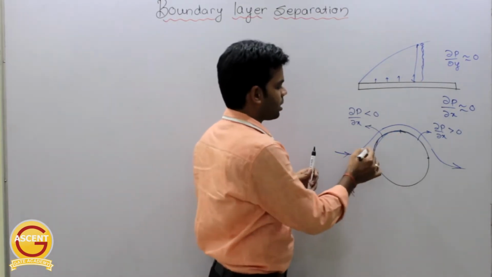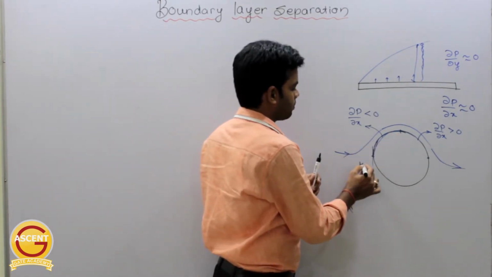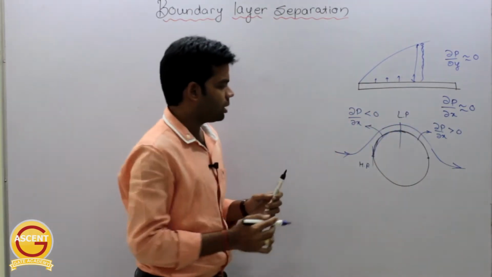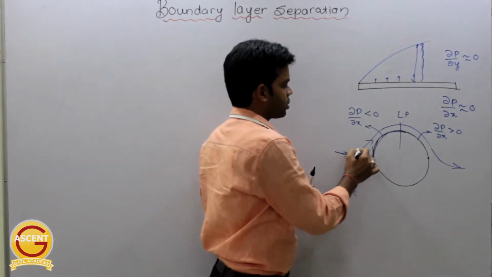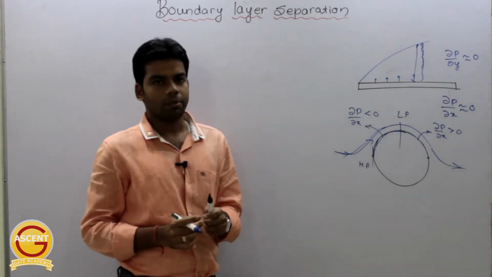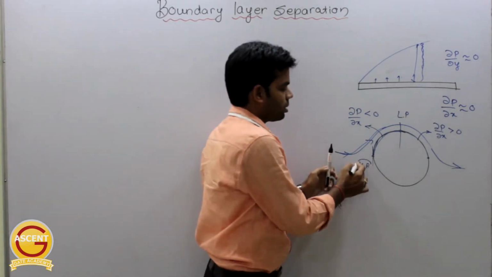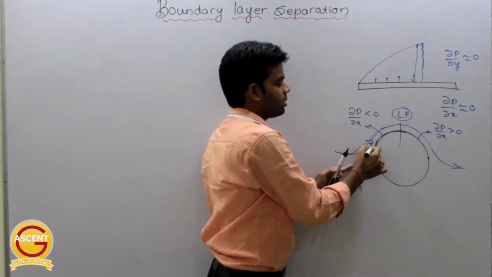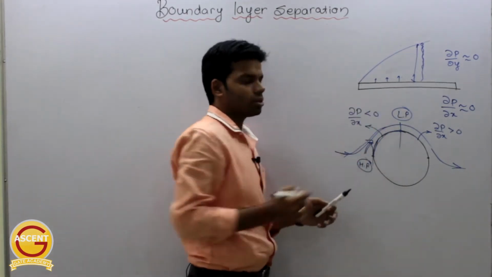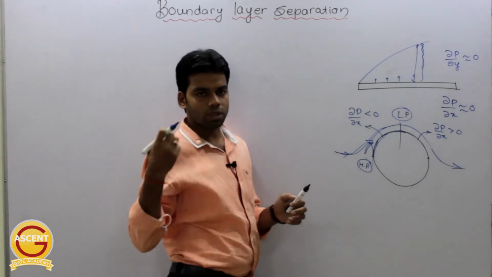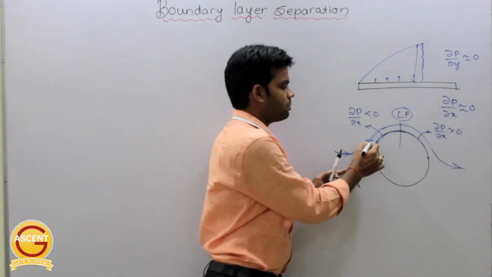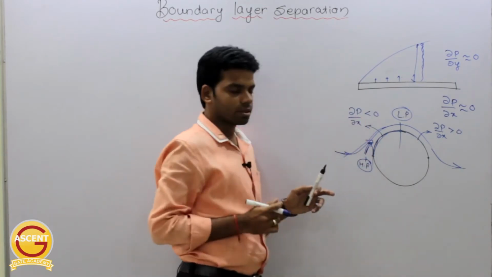Here we have a high pressure, here we have a low pressure, and the air stream is flowing in this direction. Because a pressure difference is created, an accelerated flow of air will occur in this direction, because air always flows from a high pressure region to a low pressure region. So the flow will be accelerated because of this pressure difference.